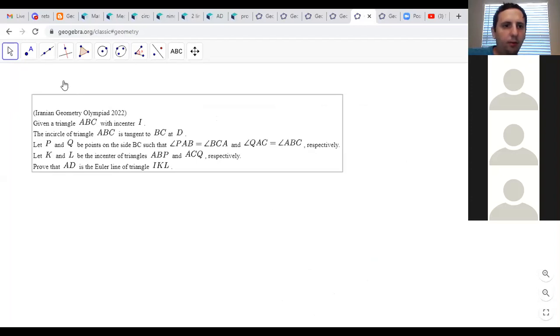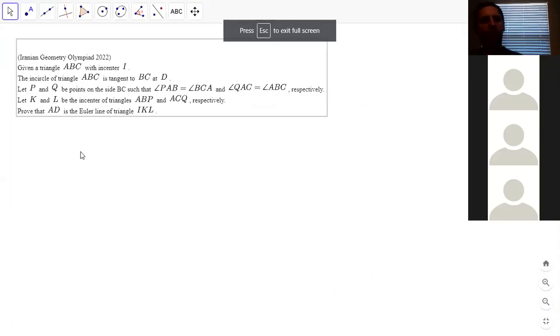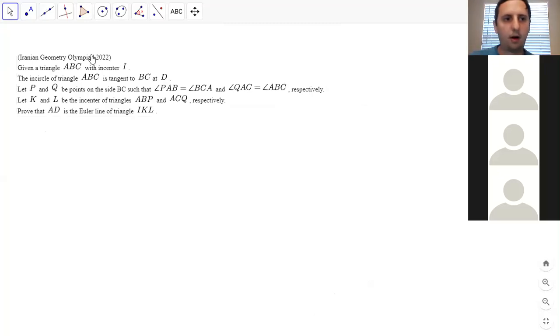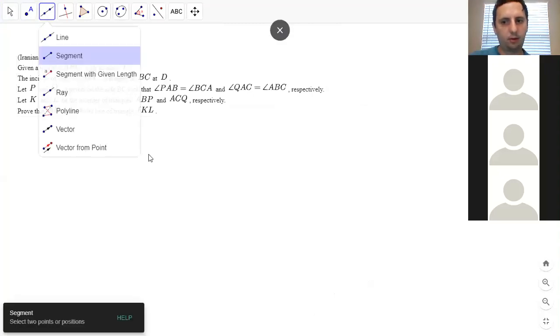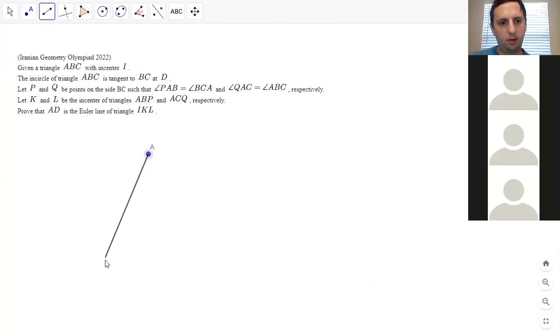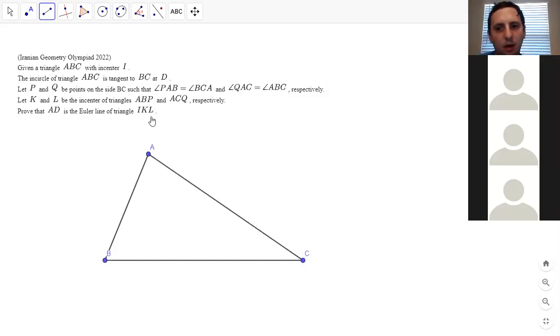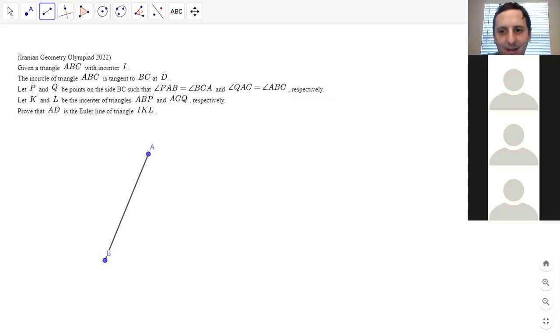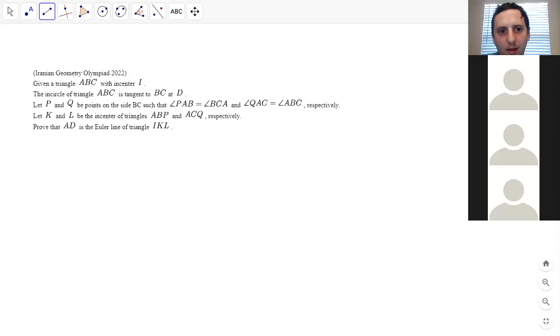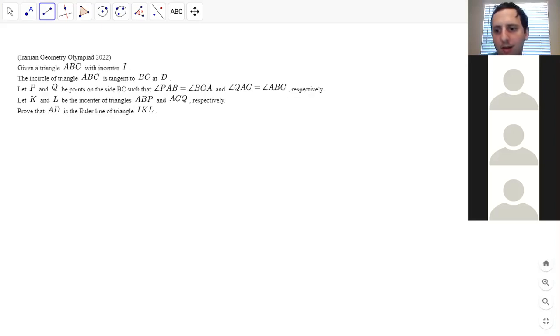So this one is from the Iranian Geometry Olympiad this year. So let's see if we can solve it. Sorry, I have tried that one time, and I think it's absolutely hard. So we don't have to solve it. I remember the solution is only using angles, but it's the hardest one.